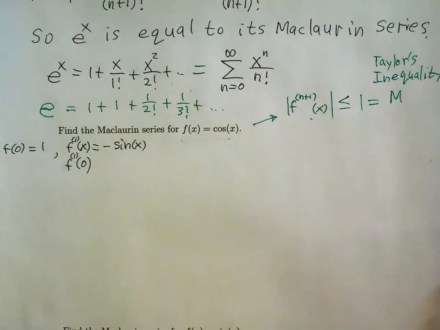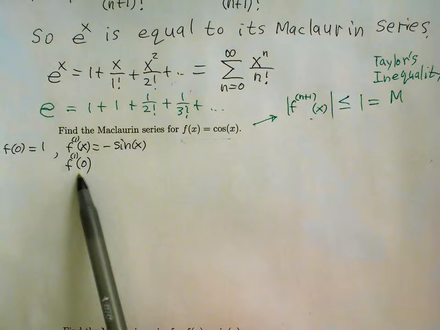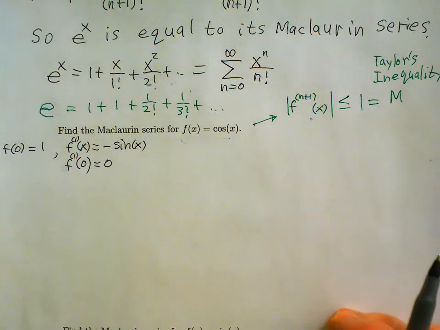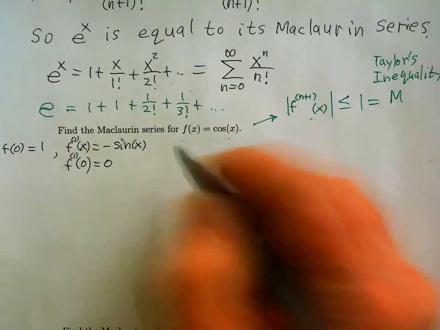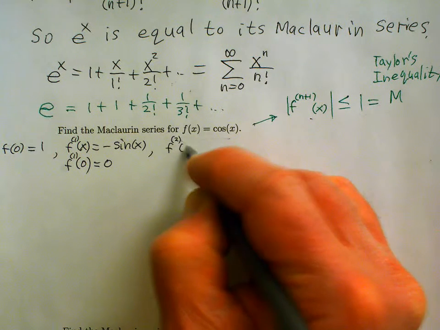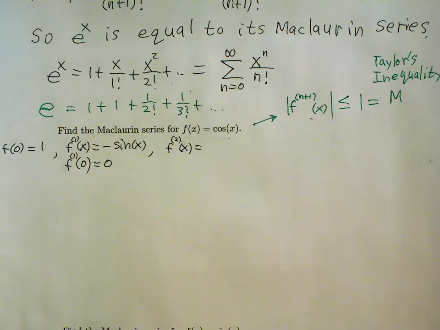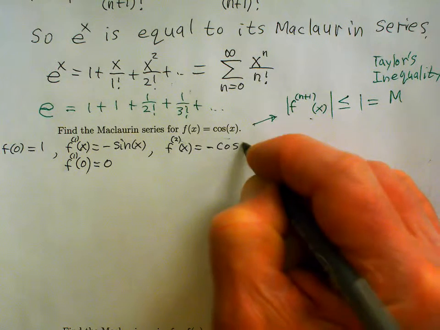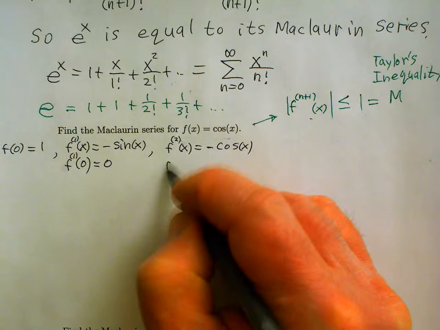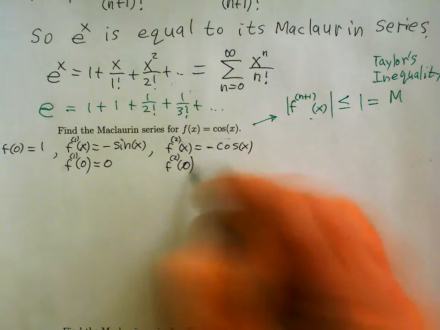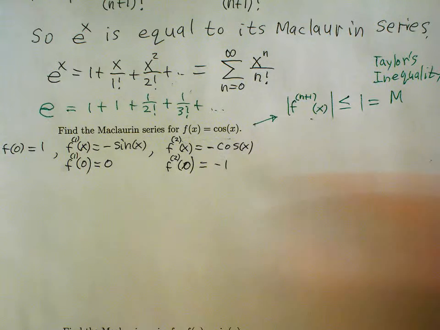In the Maclaurin series, we evaluate the first derivative at x equals 0, and we get 0. The second derivative of cosine is negative cosine of x, and when we evaluate the second derivative at 0, we get negative 1.